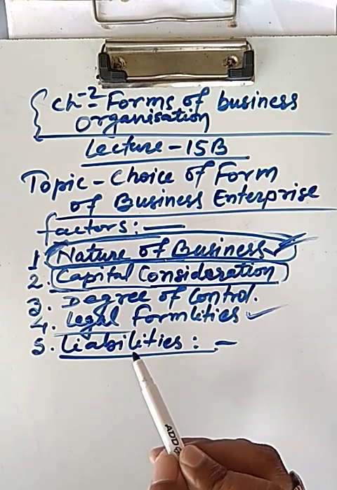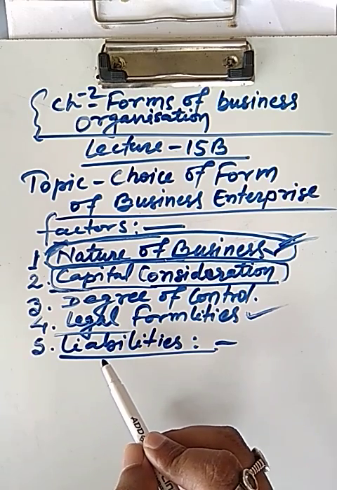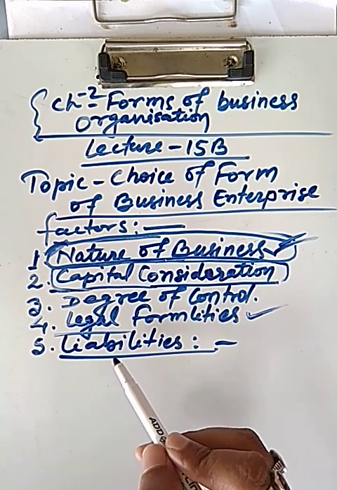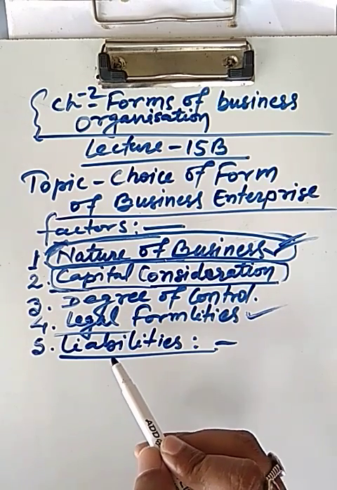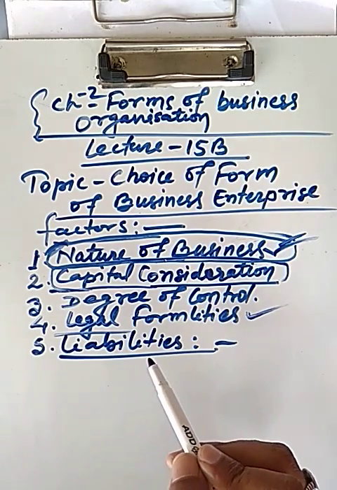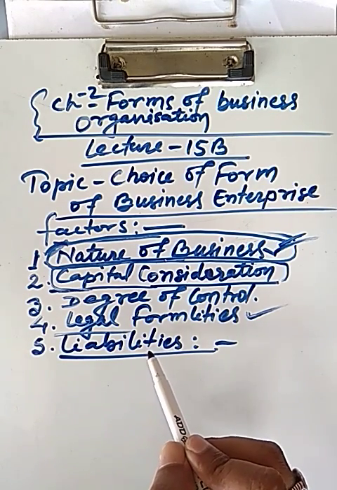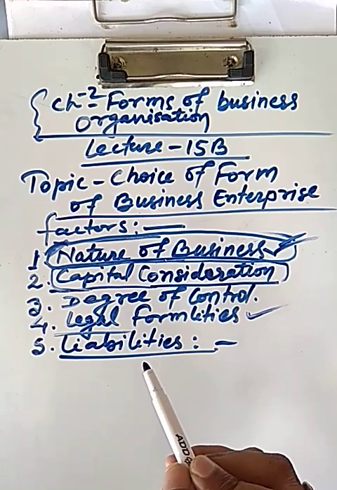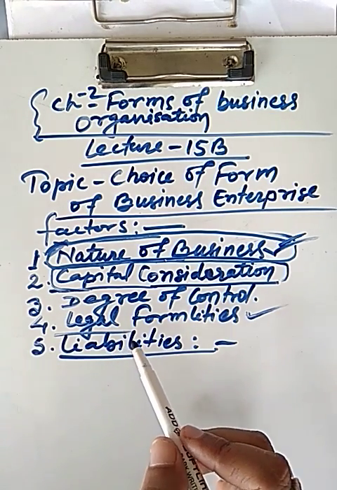Because of unlimited liability, people avoid sole proprietorship and partnership form of business. These forms are suitable for less risky ventures.